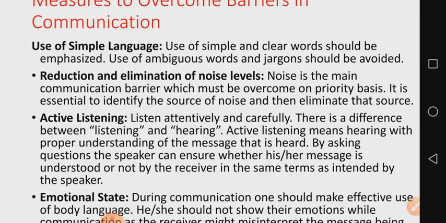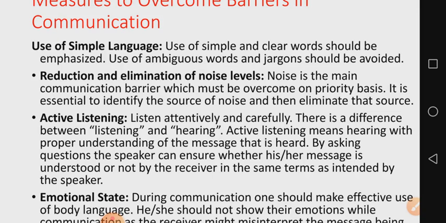Suppose you are communicating to someone else, and there is a lot of noise around, and you are not able to say whatever you want to say, or you are not able to communicate your message properly, then obviously your message will not be passed to the receiver.